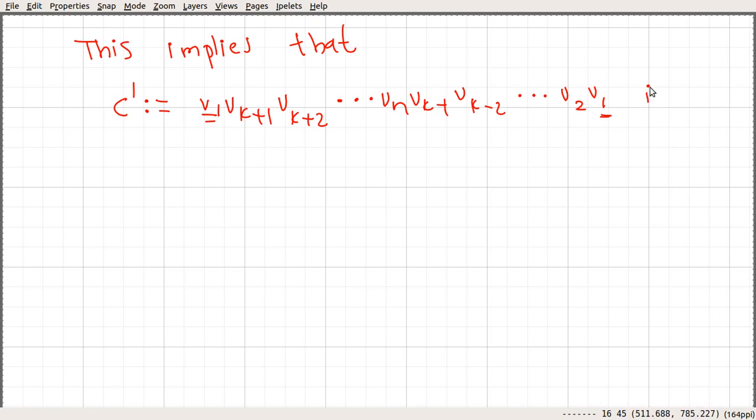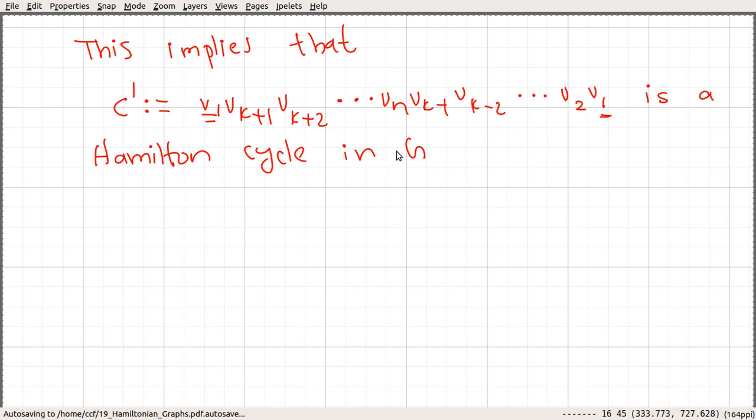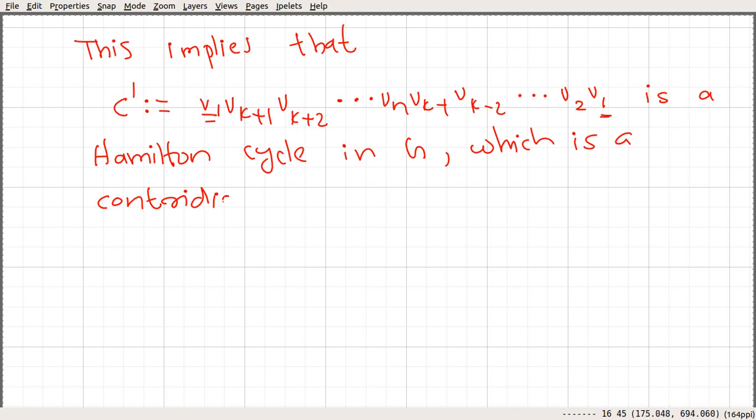We have this new cycle and it is a Hamilton cycle in our original graph G, and G is assumed to be a maximal non-Hamiltonian graph, which is a contradiction, as G is a non-Hamiltonian graph.